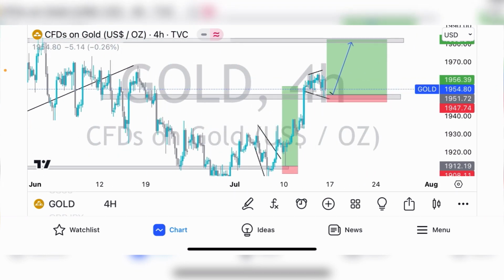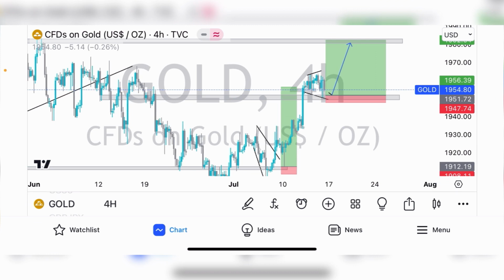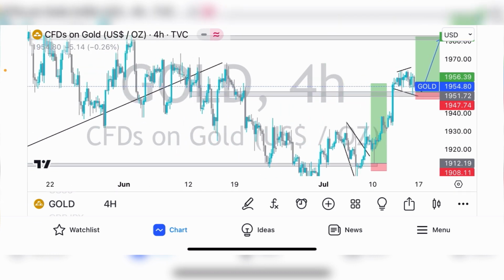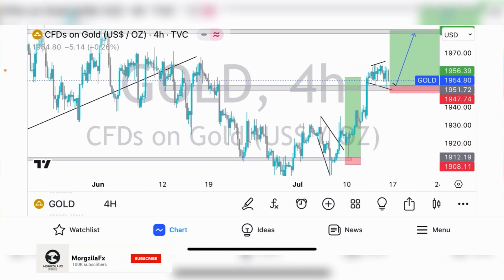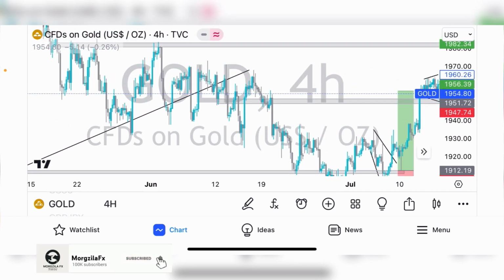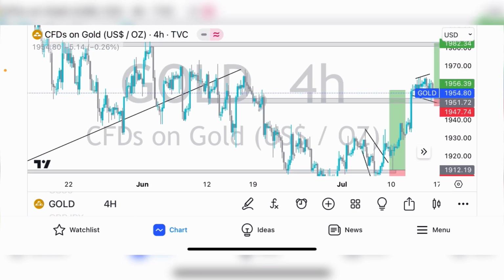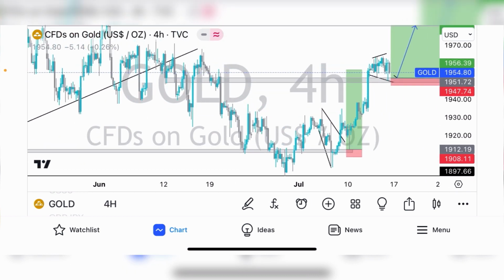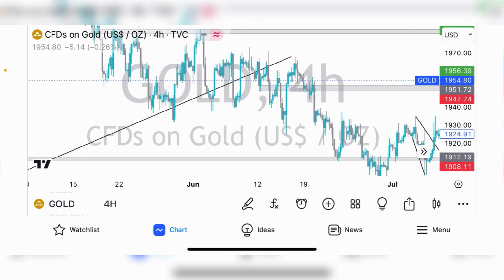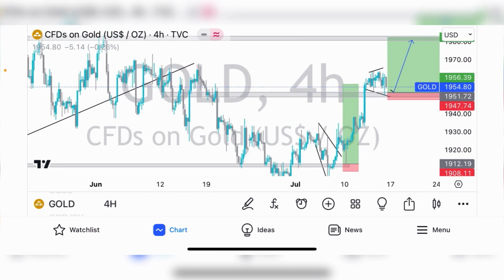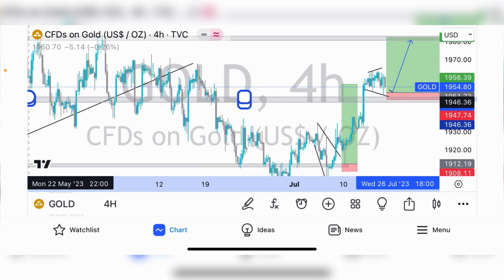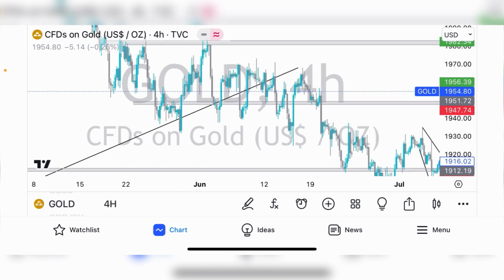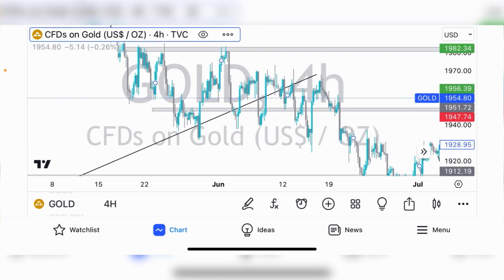Let me remove it actually. But then this is what I see on gold for this week. But then I want to check something before we can confirm our thoughts here.